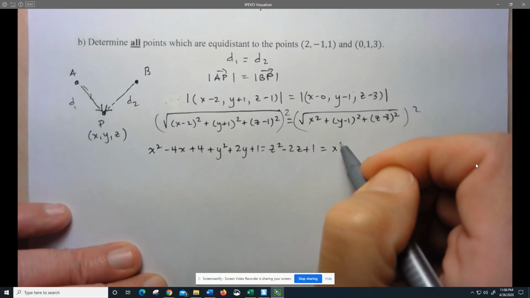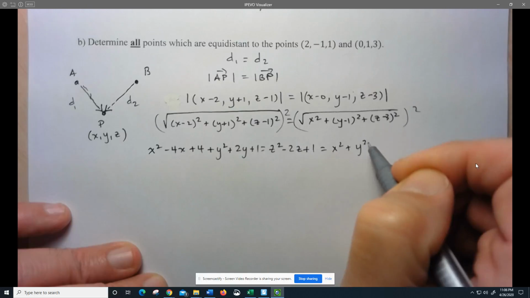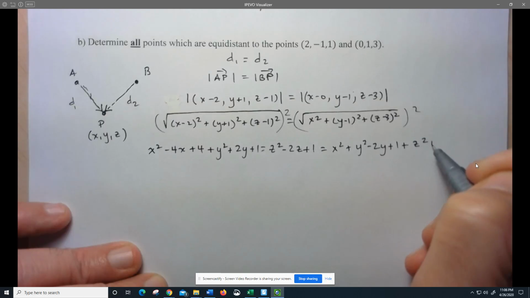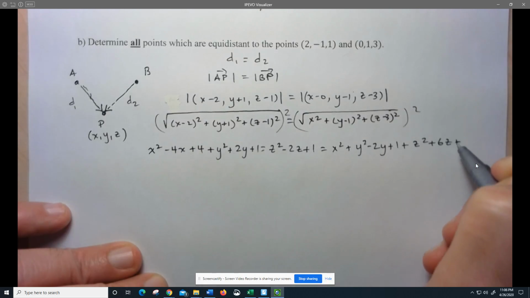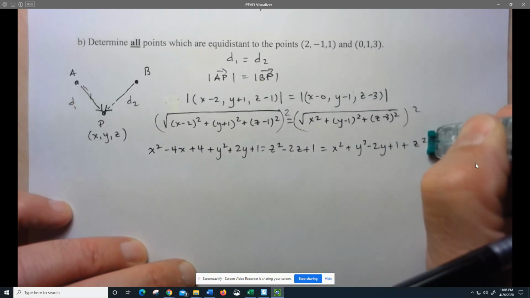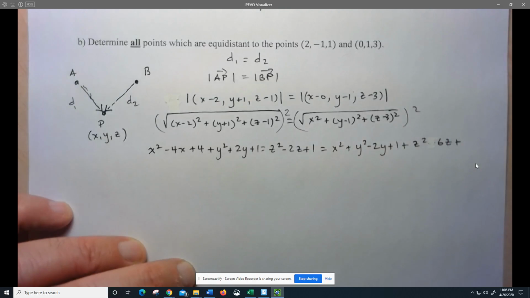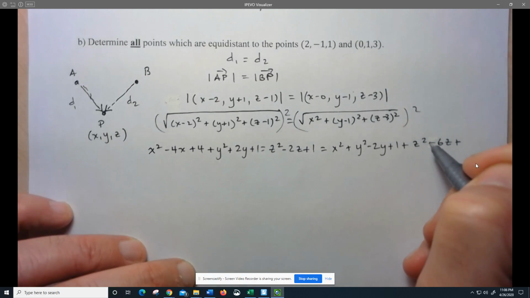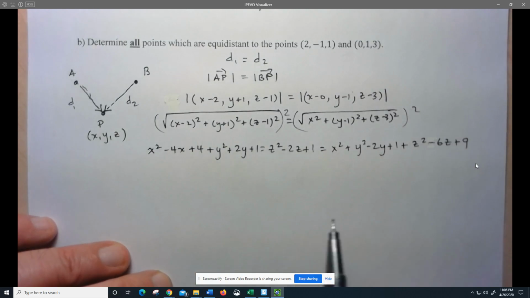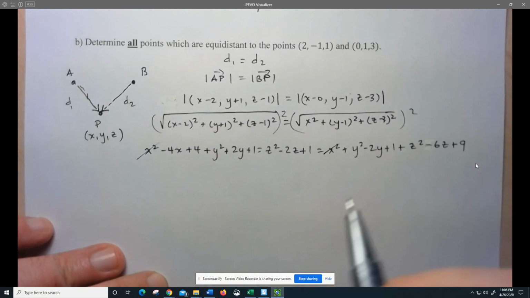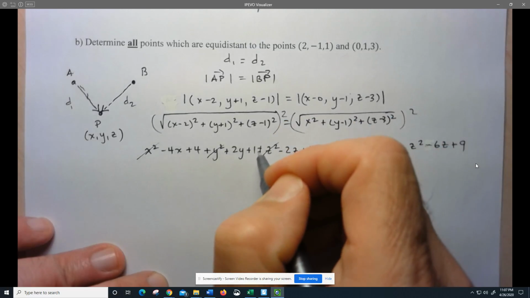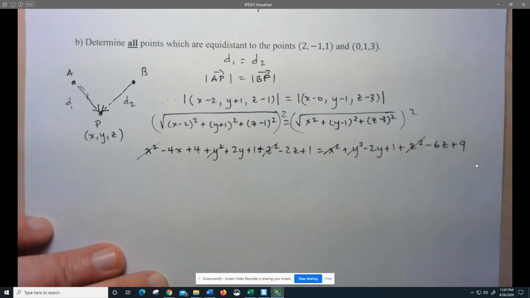And then here we have x squared plus, well, again, expanded binomial, y squared minus 2y plus 1, and then z squared plus 6z plus, oh, sorry, I just realized that's z minus 3, not z plus 3, so that would be minus 6z. Okay, always good to keep looking above to make sure you catch any silly mistakes like that, and that'll be plus 9. But hey, similar to what happened before, x squared and x squared disappear, y squared and y squared disappear, z squared and z squared disappear.